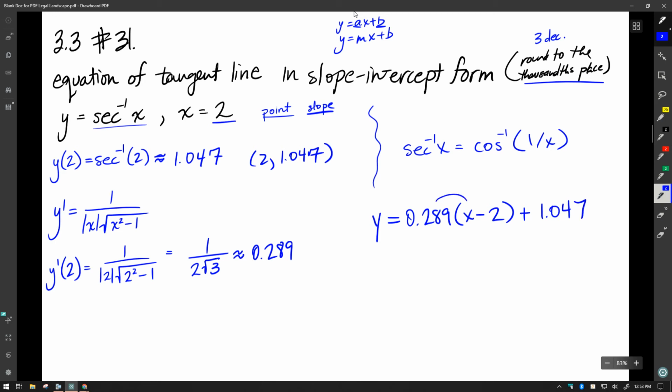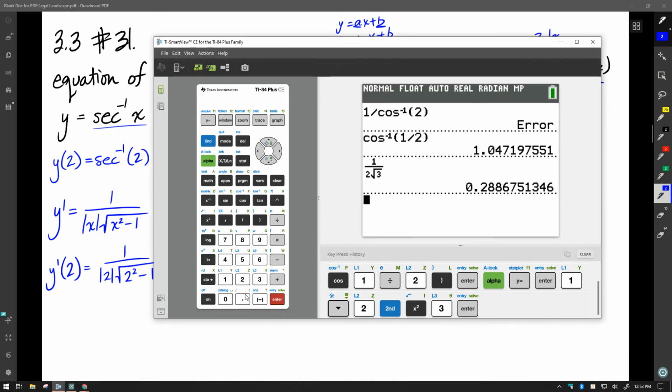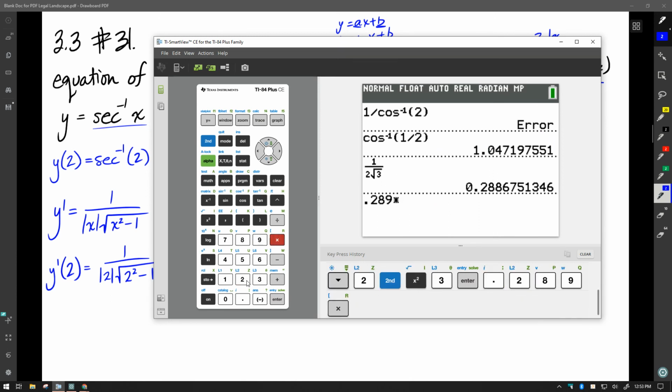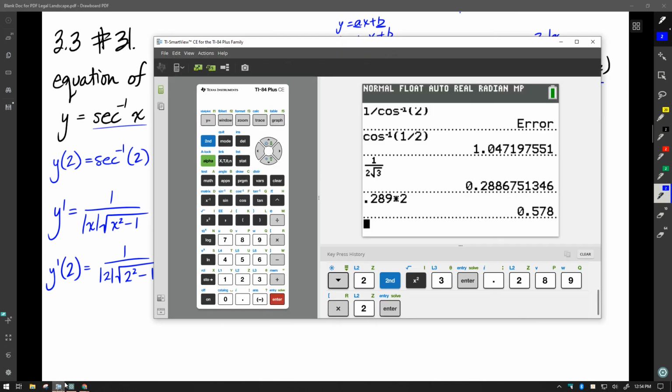And then to work this into slope-intercept, let's distribute the 0.289 so that we have y equals 0.289x minus, we need 0.289 times 2. That's 0.578, so minus 0.578 plus 1.047.